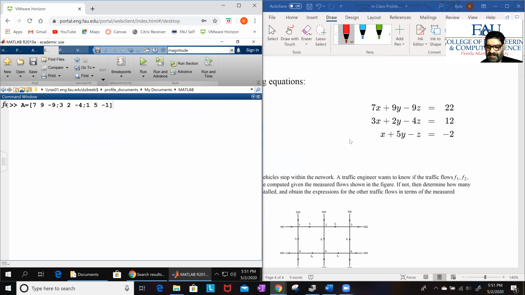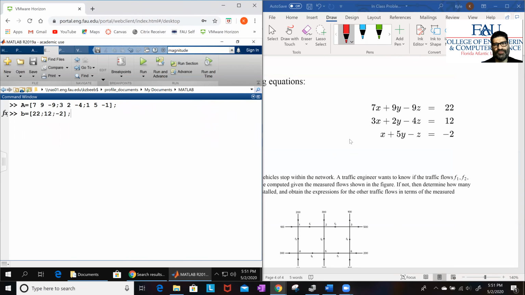So that will be the A, and B in this case is equal 22, 12, and minus 2. Okay, so that's A and B.